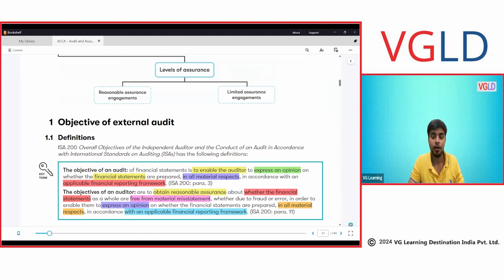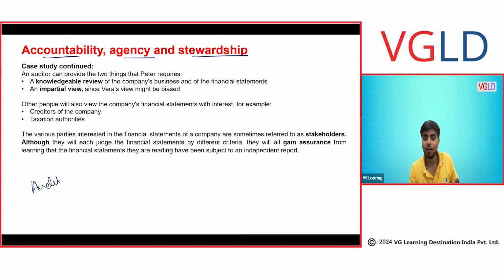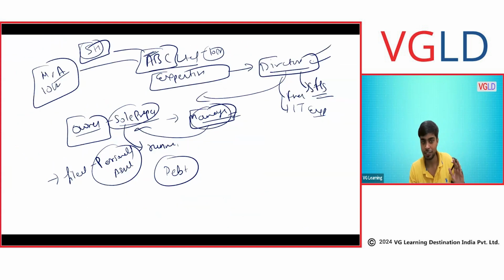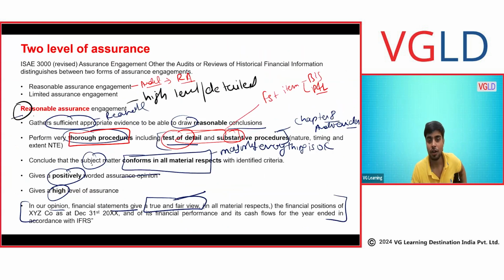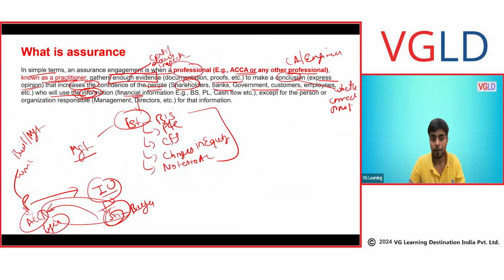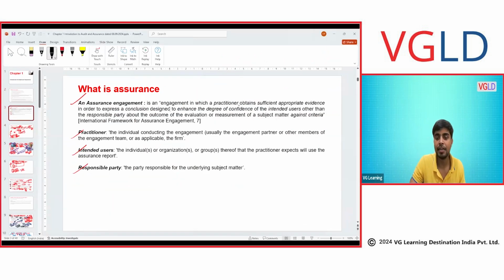Now, we have discussed the audit objective, what the auditor reports on, what a shareholder is, what a stakeholder is, what a director is, what an agent is, what stewardship is, and assurance. This was chapter number 1. But one last piece. We have said again and again that a practitioner would obtain sufficient appropriate evidence and express an opinion.